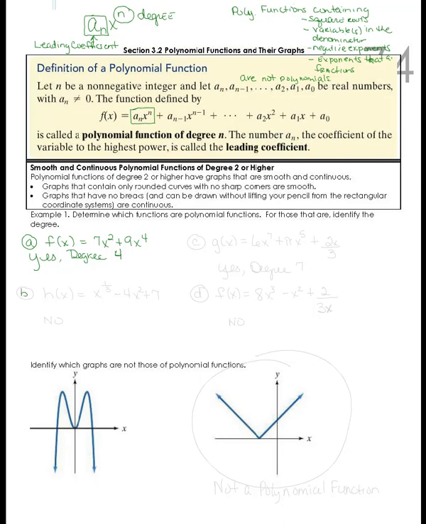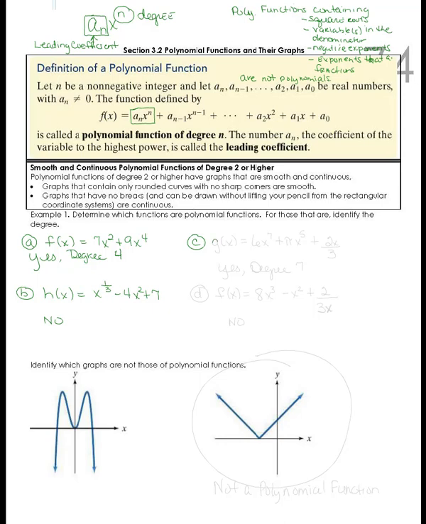Here we go, B. We have h of x is equal to x to the 1/3 power minus 4x squared plus 7. Is this a polynomial or not? No, because we have this exponent of 1/3, and we don't want a fractional exponent.